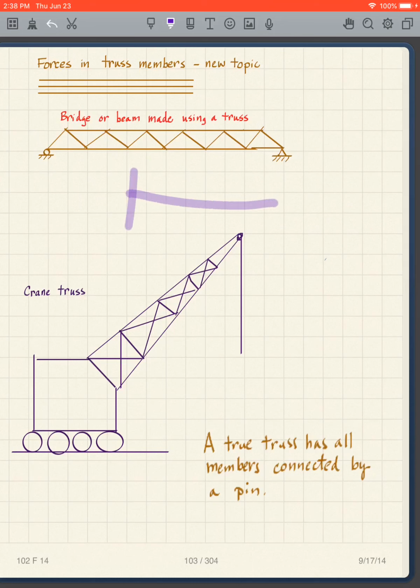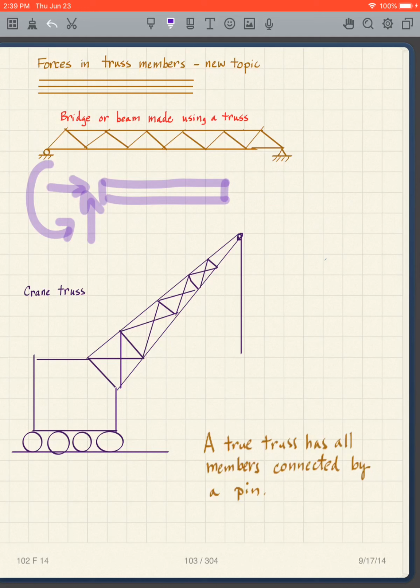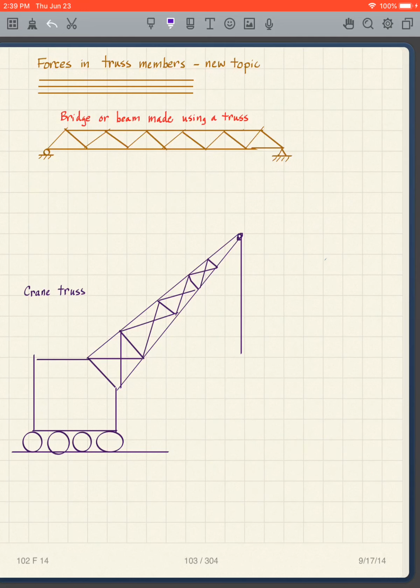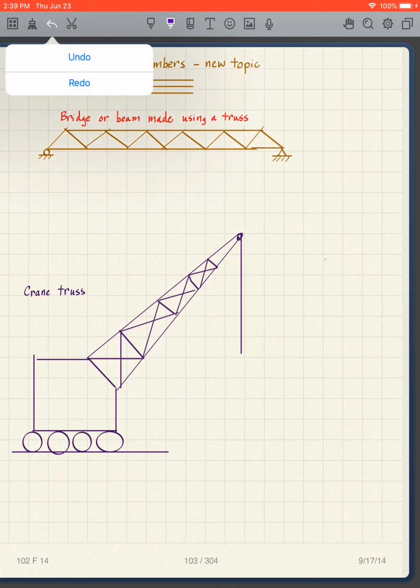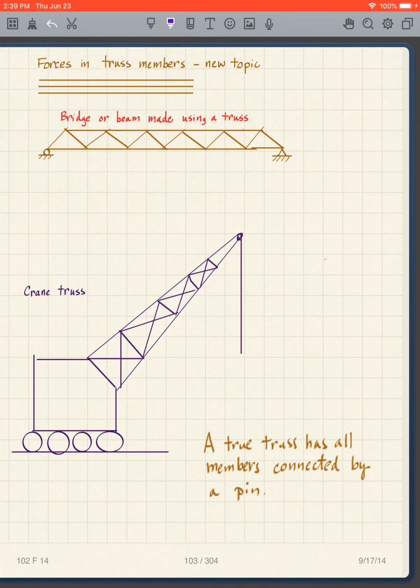So when we had our cantilever beam and we made a cut over here, what did we know? We knew that a beam resists bending, so we put on an X, a Y, and a moment. Since a truss member is a long and skinny member, it doesn't resist bending.